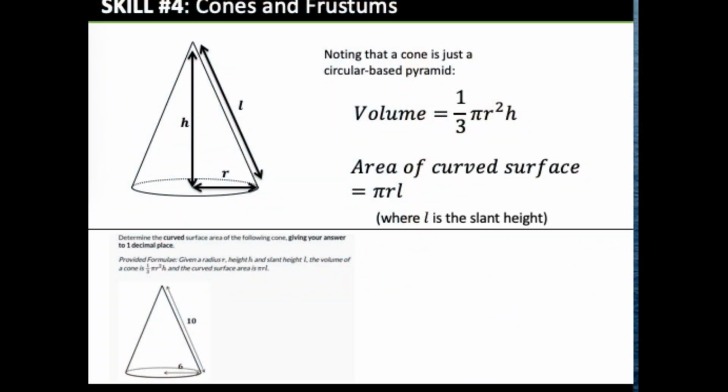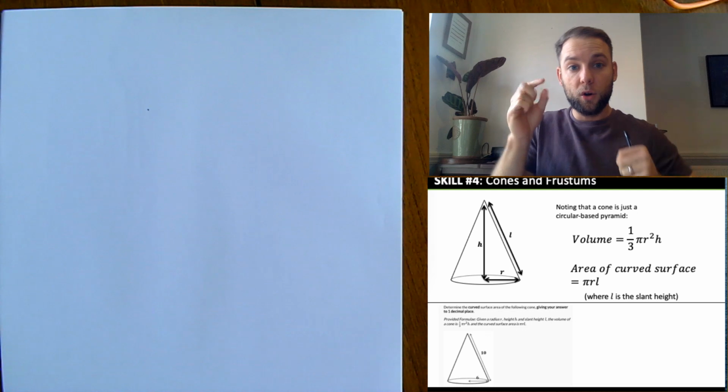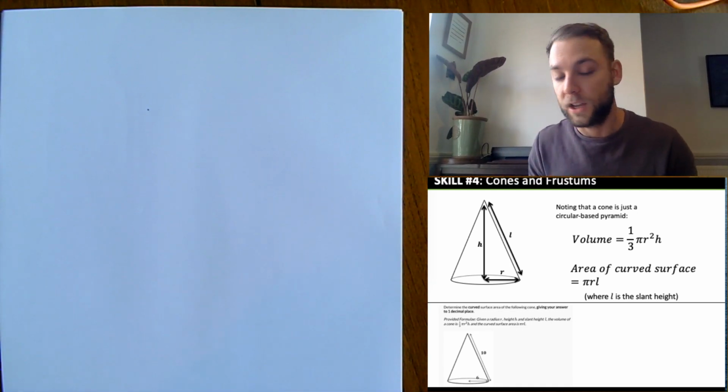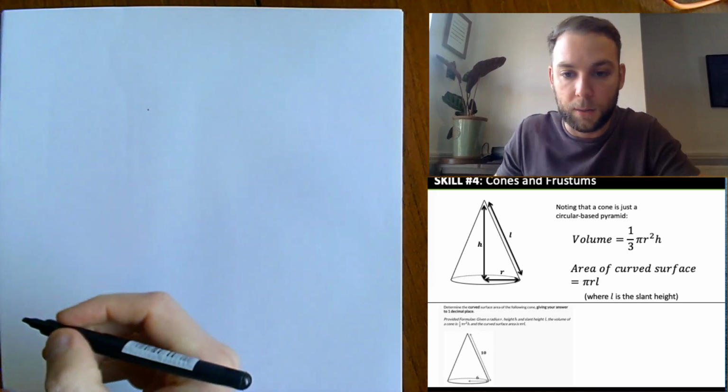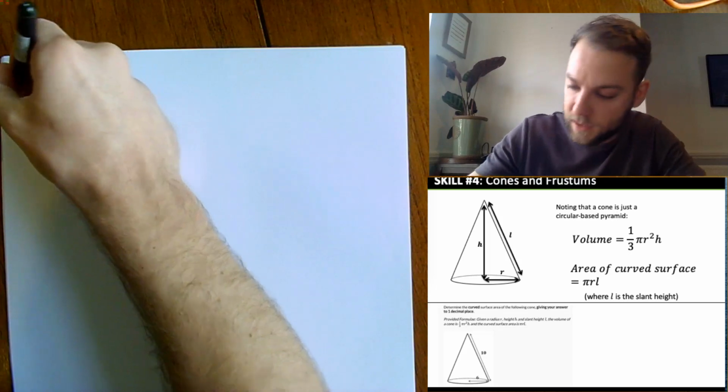So, determine the curved surface area of the cone, giving your answer to one decimal place. So it's not asking for the full surface area here. It's only asking for the curved part. We are going to look at the full surface area, including that circle on the bottom in a second. But right now, it's just saying what is the curved surface area. So here, this is example 4, is it? Yes.